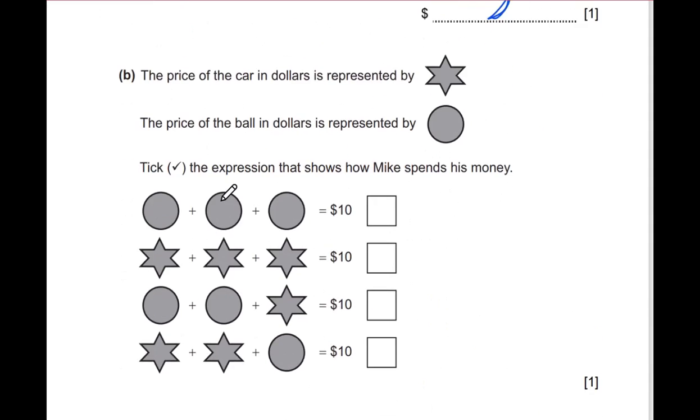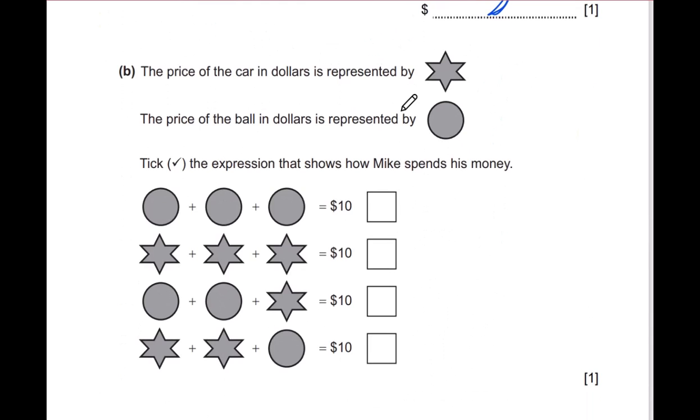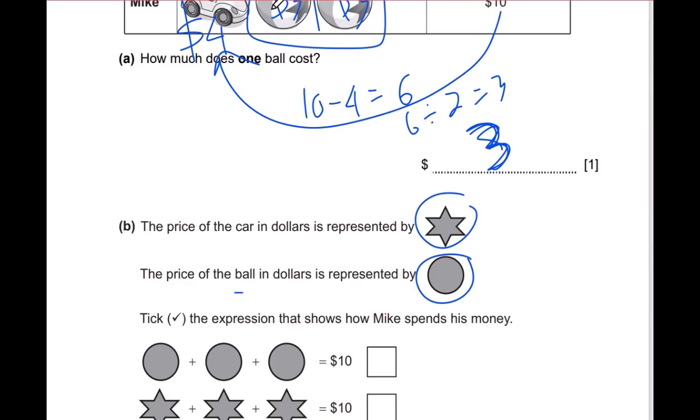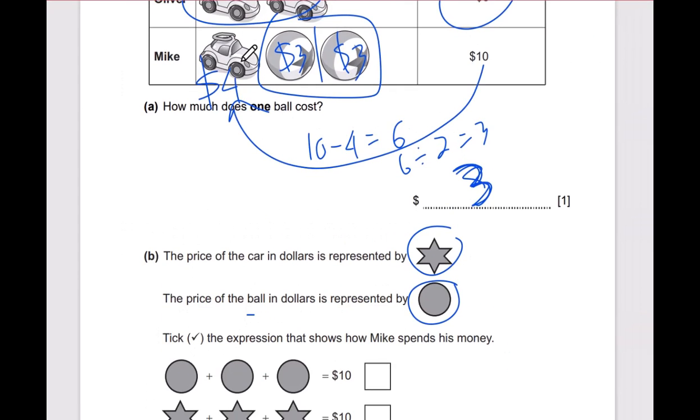Next, question 28b. The price of a car in dollars is represented by a star, and the price of a ball in dollars is represented by a circle. Take the expression that shows how Mike spent his money. Mike is here: 1 car and 2 balls, $10.